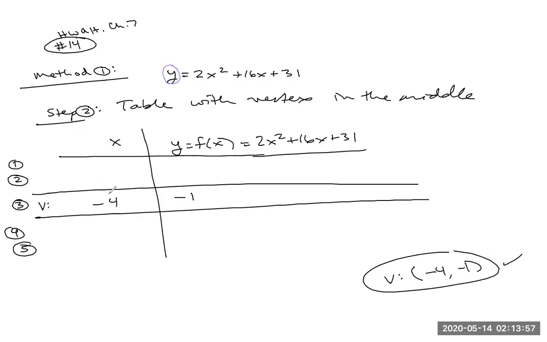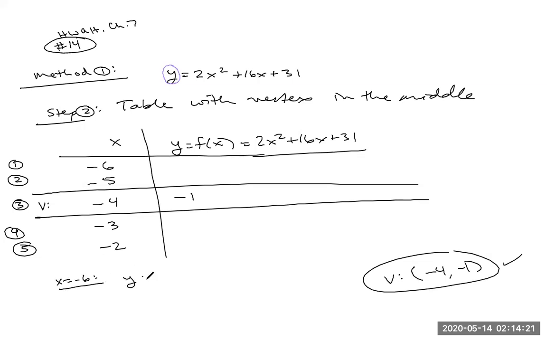Good rule of thumb: take the x value for the vertex, subtract 1, subtract 2. Take the x value for the vertex, add 1, add 2. Now I'll just show you one of these when x is equal to -6. Remember, this is how we're doing it.